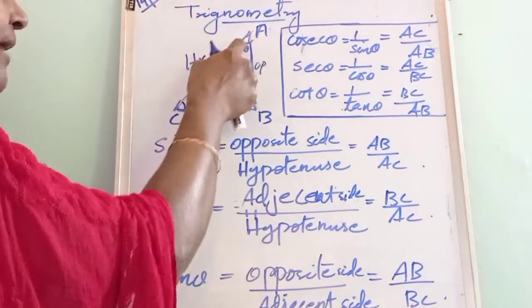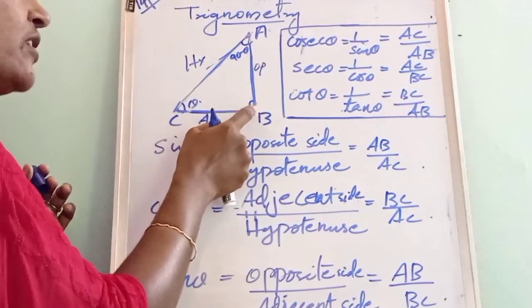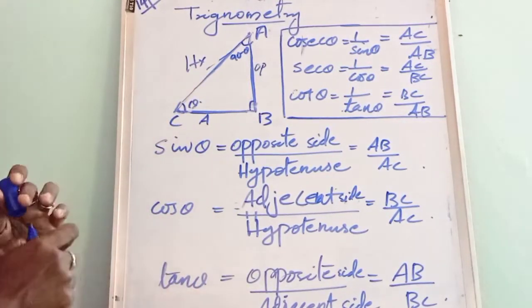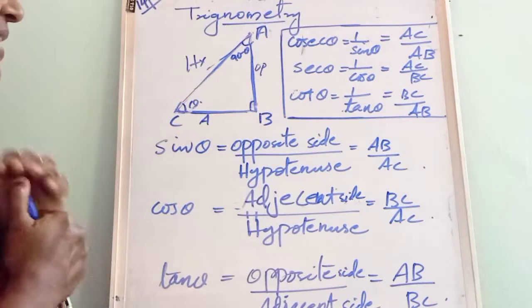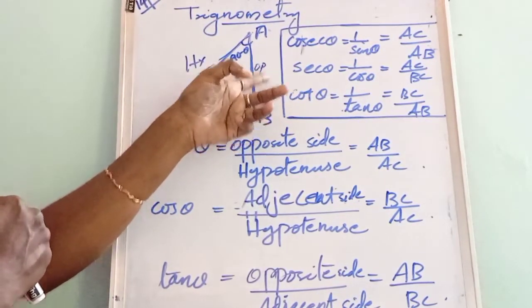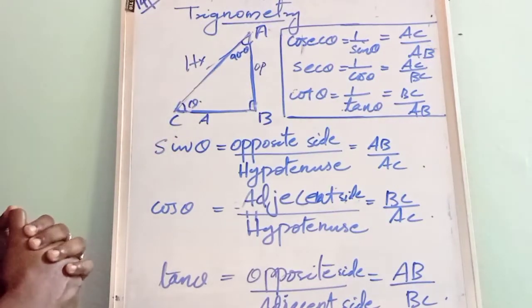And the side AC, which is opposite to the right angle, is called the hypotenuse. So name the three sides of this right angle triangle: one is the adjacent side, another is the opposite side, and the other is the hypotenuse.